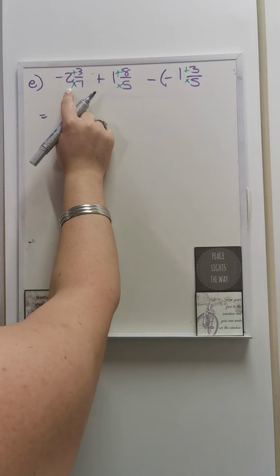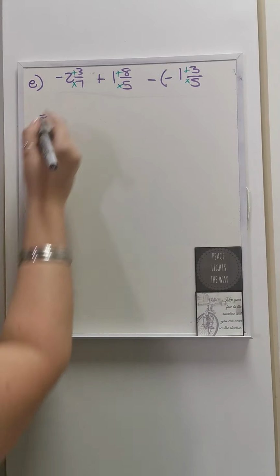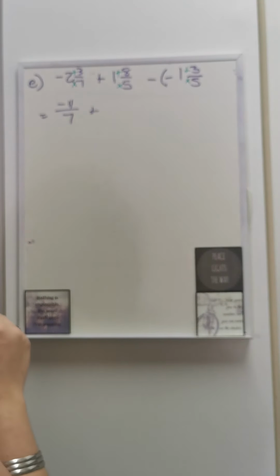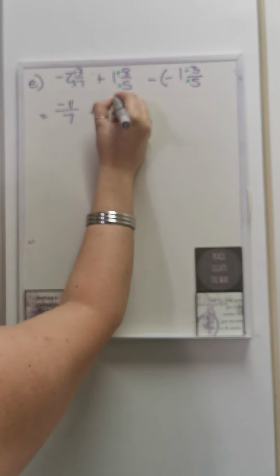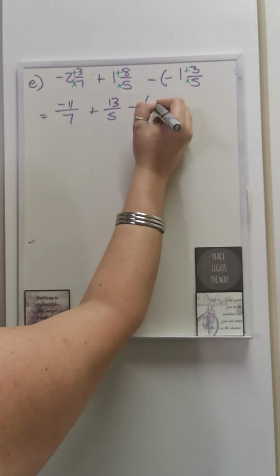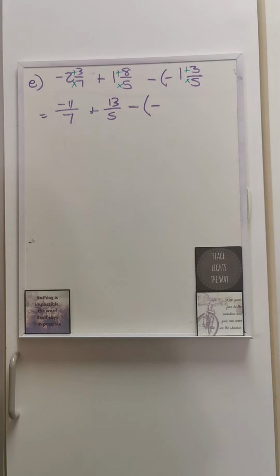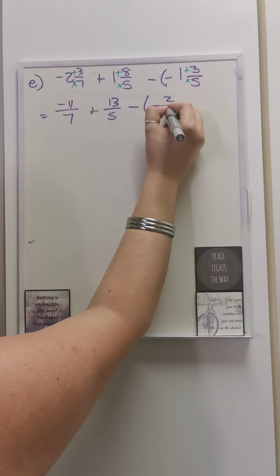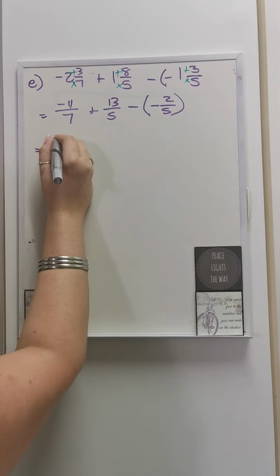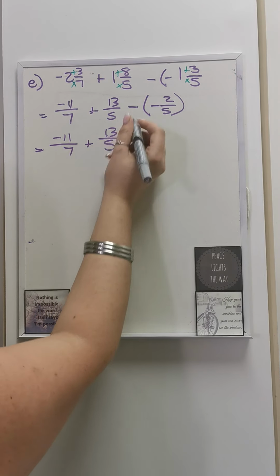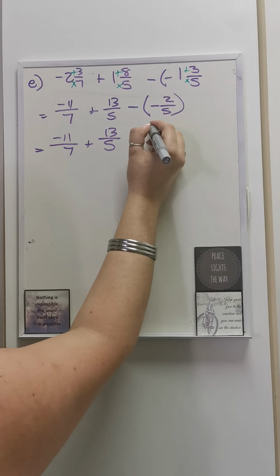So it's going to be negative 14 plus 3 gives you negative 11 over 7, plus 8, 5 plus 8 is 13 over 5, minus negative 5 plus 3 gives you negative 2 over 5. Okay, so I've got negative 11 over 7 plus 13 over 5, and a negative gives me a positive 2 over 5.